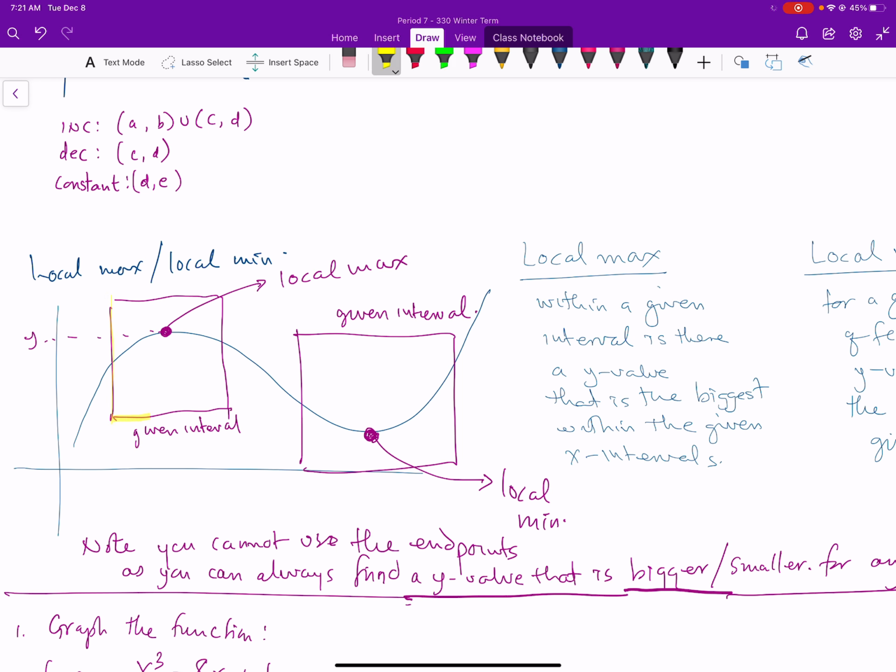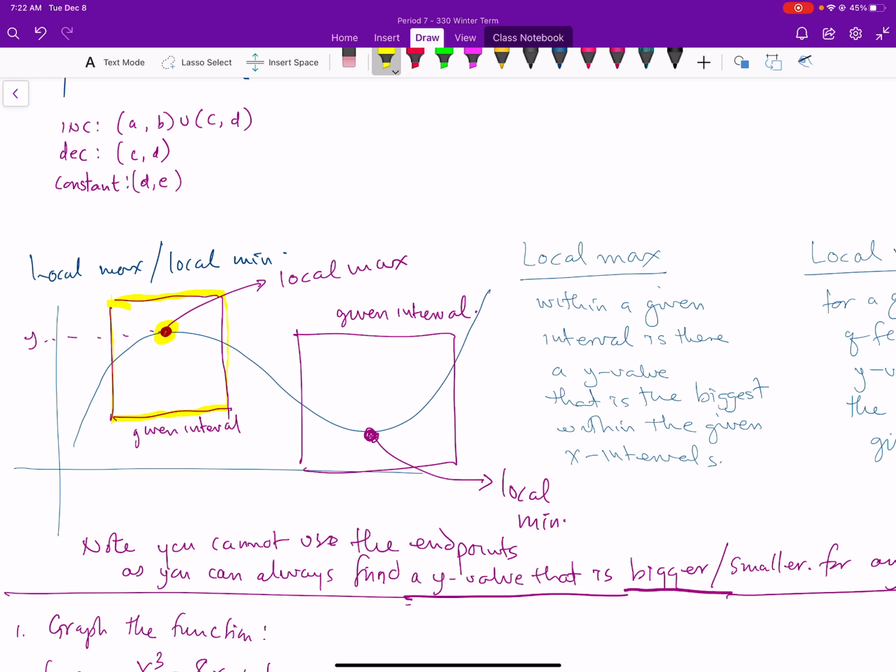If I look into this small neighborhood on this graph, can I find a point that is the biggest on that small piece? Clearly you can see that I have this point over here, which is the highest point. That is the highest y value that you can find within that box. We're going to call that the local maximum point.